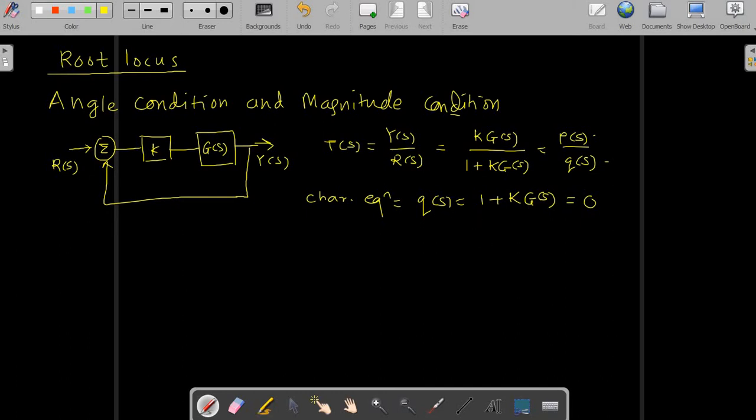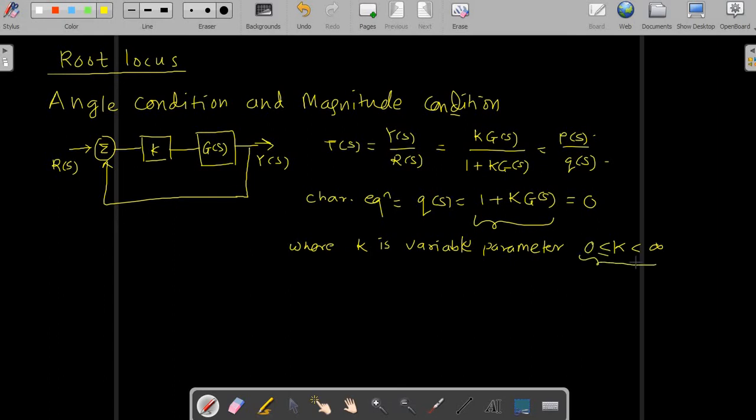So this is the characteristic equation where K is a variable parameter, and we are assuming that this K is varied from 0 to infinity, that is, K is greater than 0.